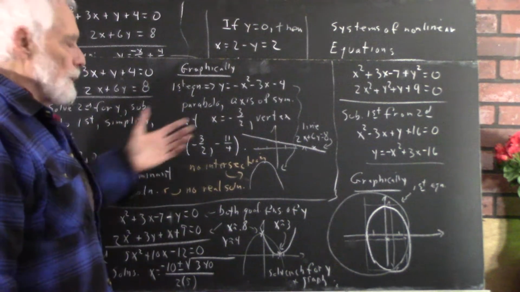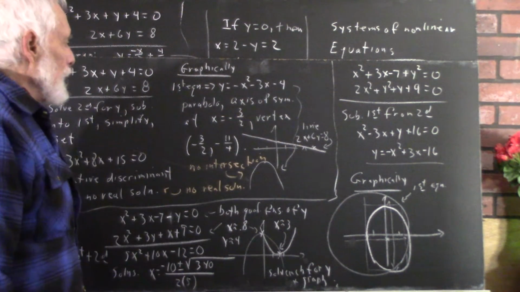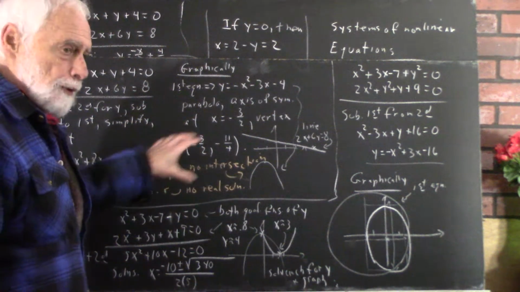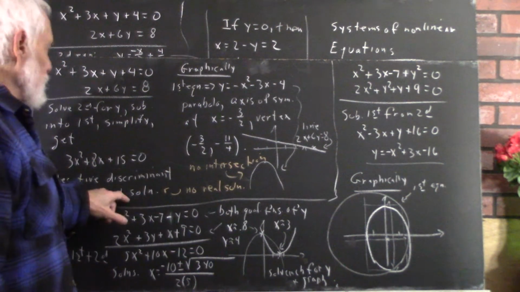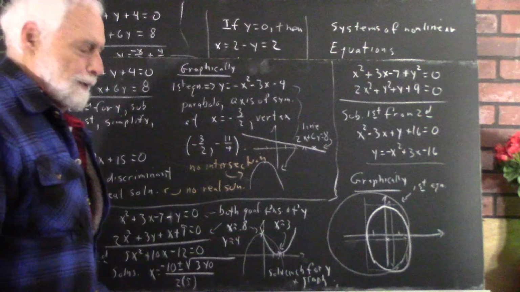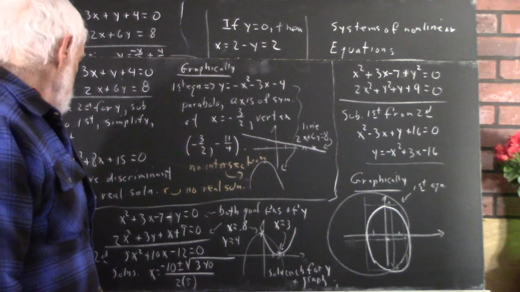If we have no solutions, we have no intersection points. I'm still not sure I said that right, but there's a one-to-one correspondence between your solutions and your intersection points. Okay.